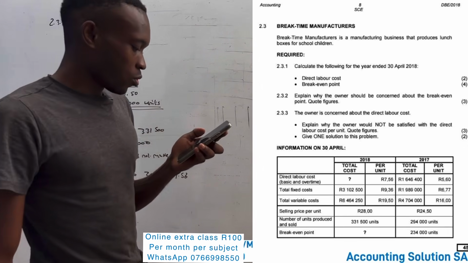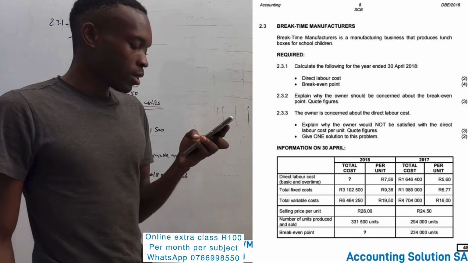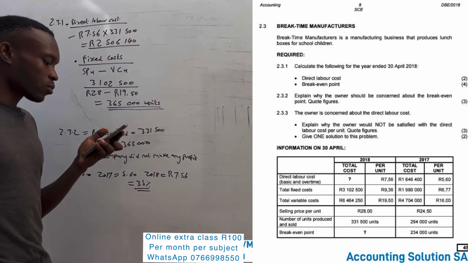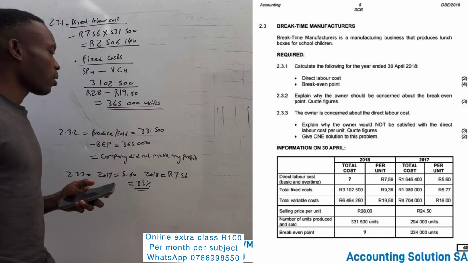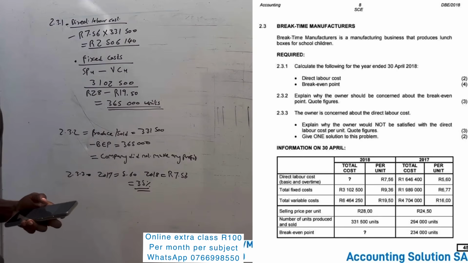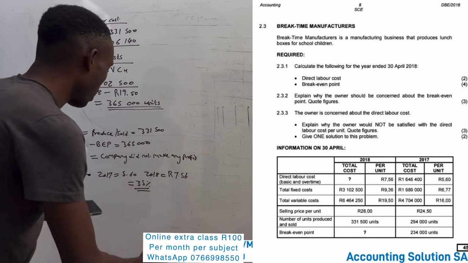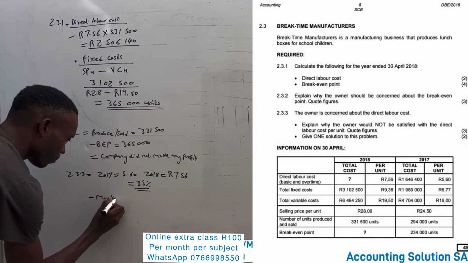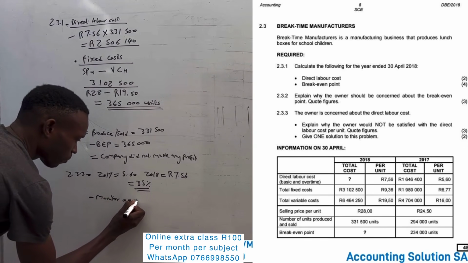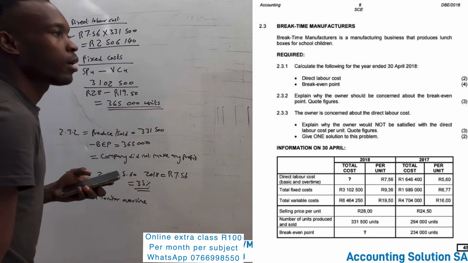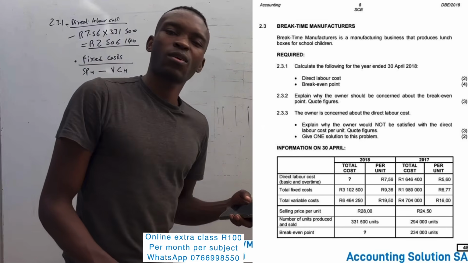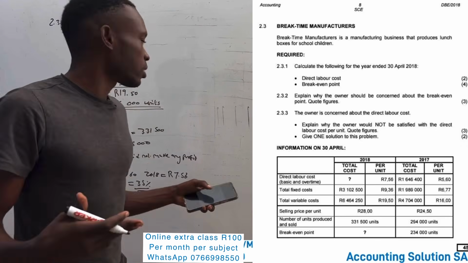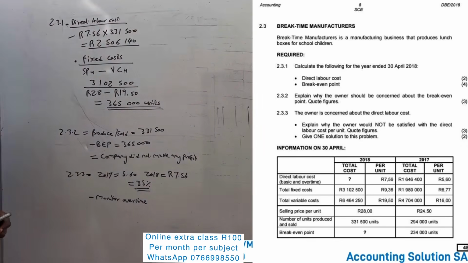Okay, so now the other question, they say give a solution to this problem. How can the owner solve this kind of problem? Number 1, monitor overtime. You can find that these people are just working overtime unnecessarily, which is increasing what? The cost of direct labor.